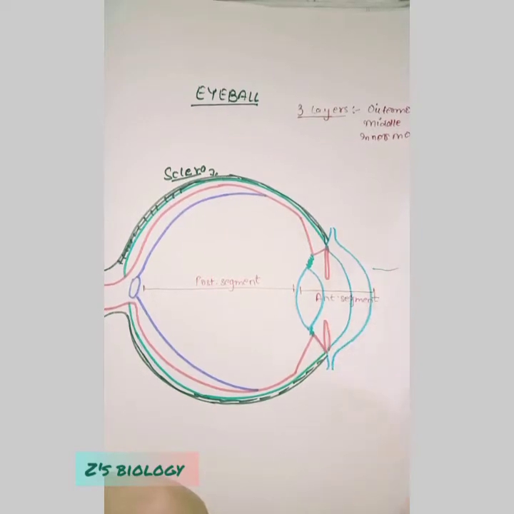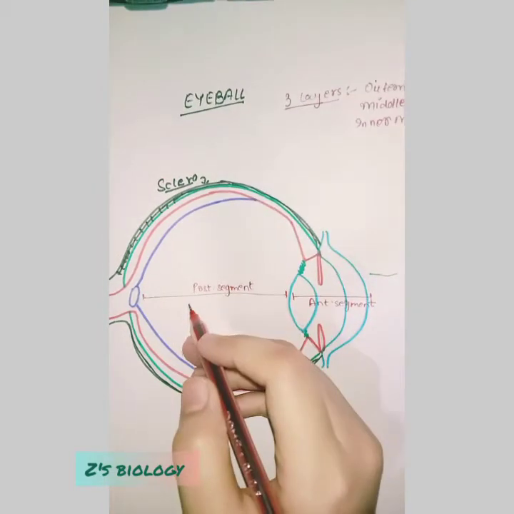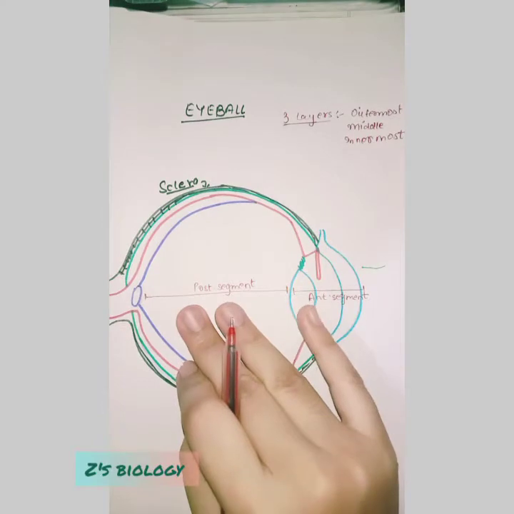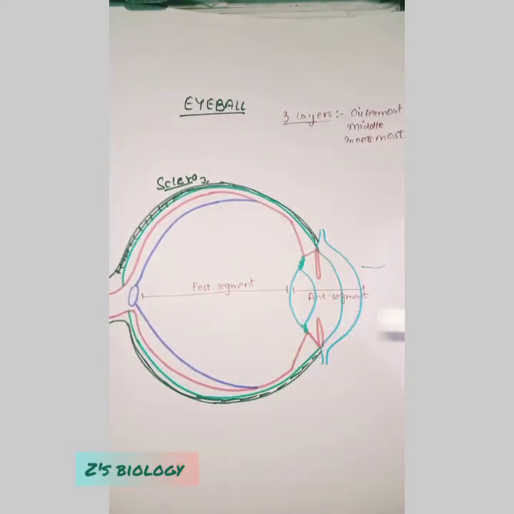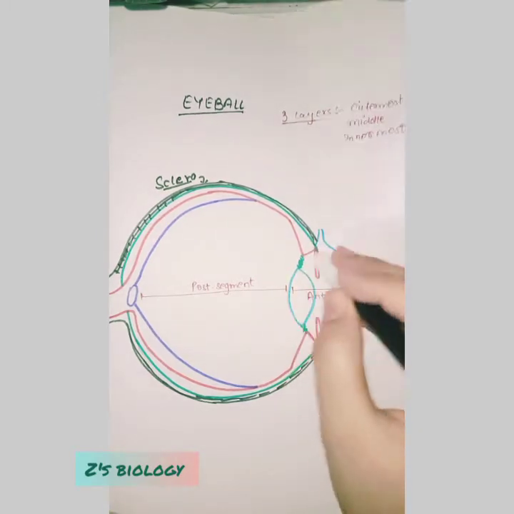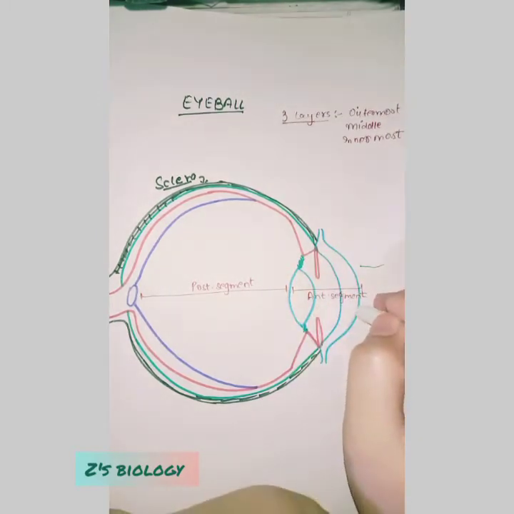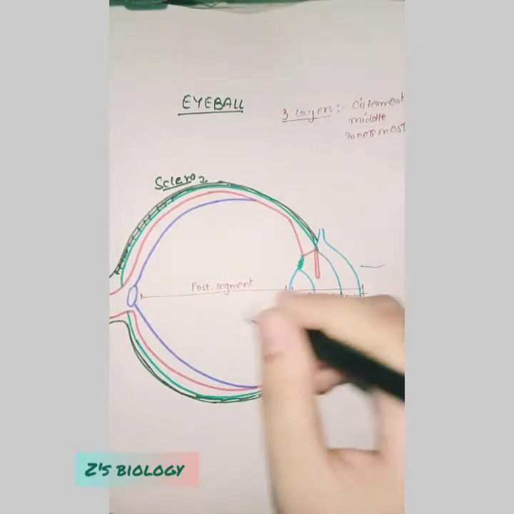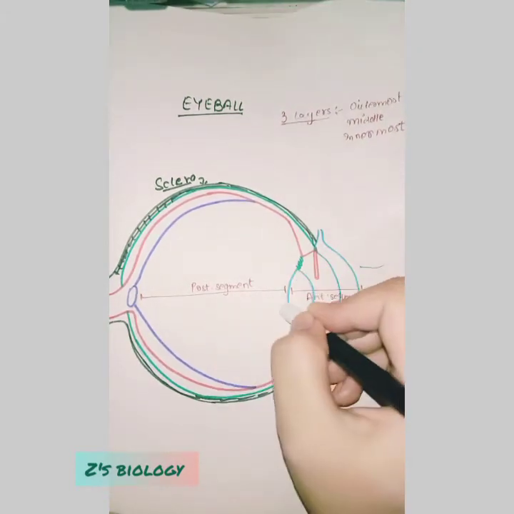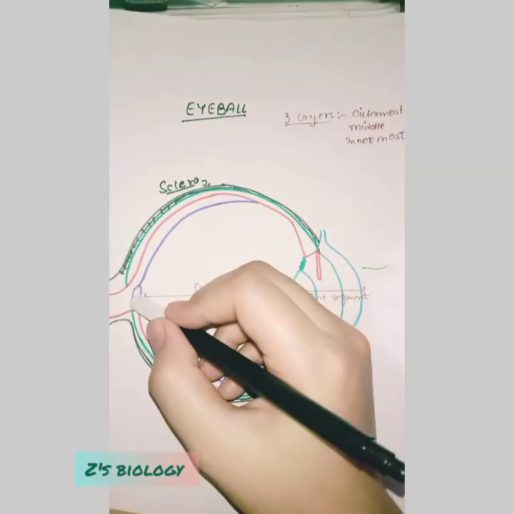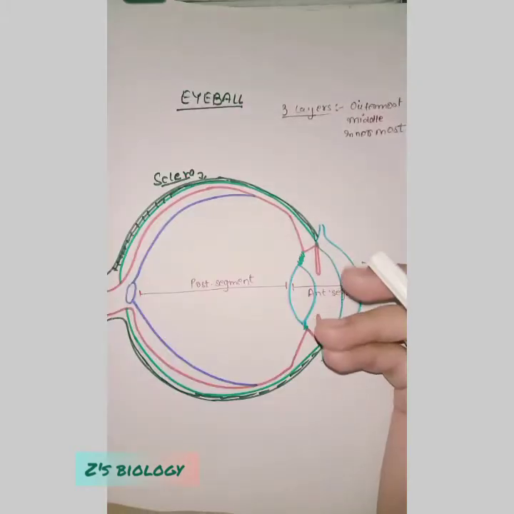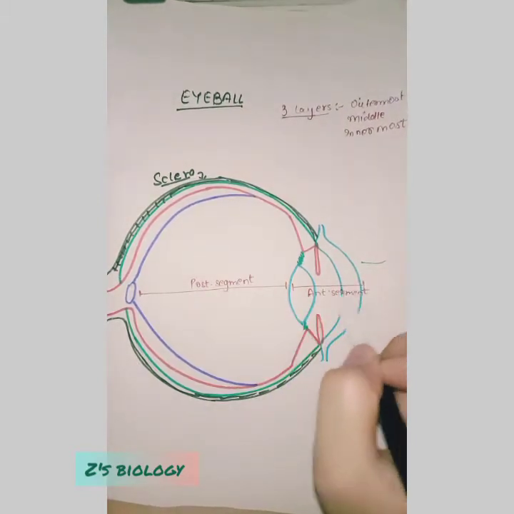The posterior segment of the eye and the anterior segment of the eye. If we talk about the posterior segment of the eye, it runs from the posterior side of the lens till the optic disc, I will tell you further what this is. These are the segments of the eyeball.